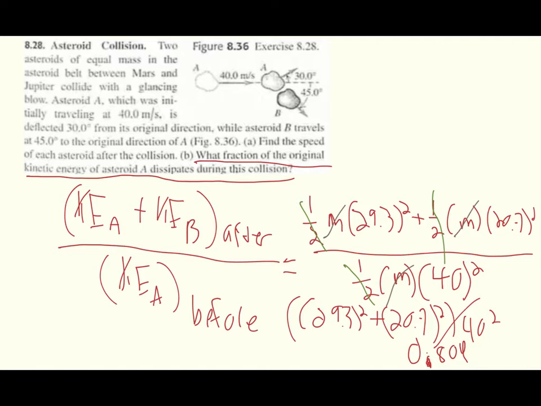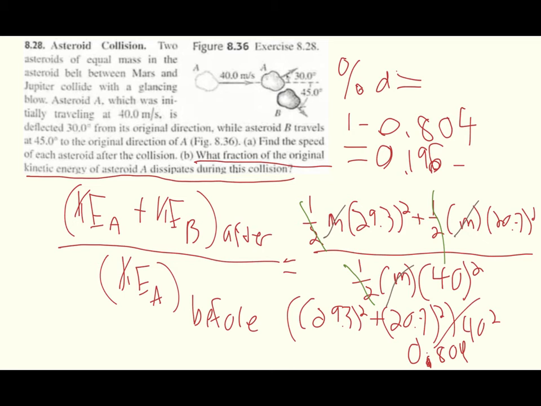To find the percentage dissipated, we set that equal to 1 minus that, which is 0.196, or 19.6%.